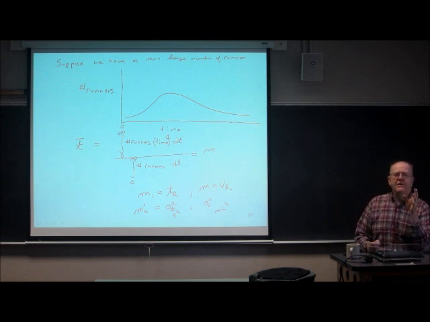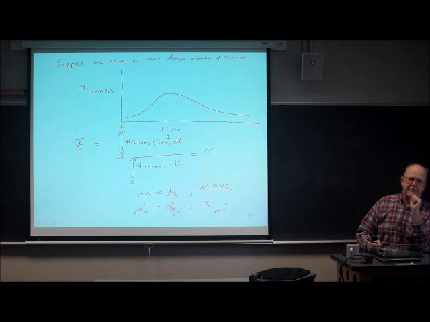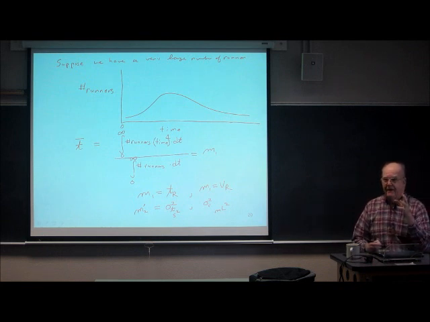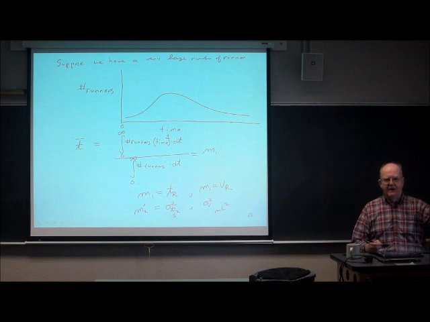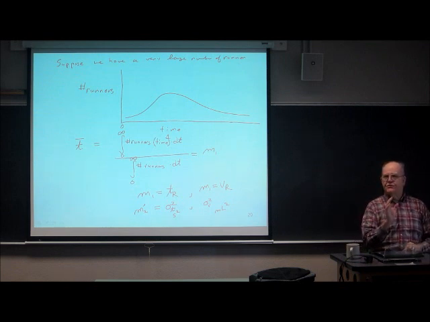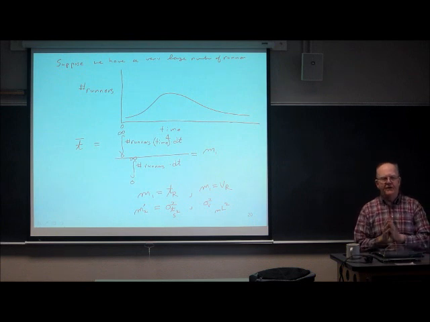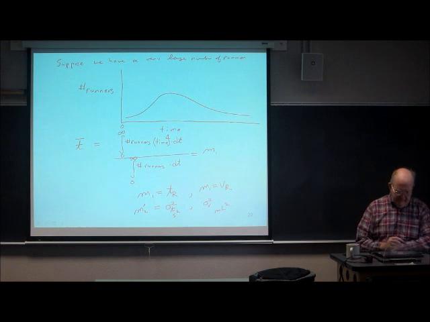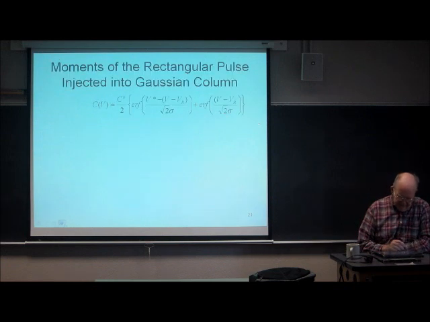Now, if we have a non-Gaussian distribution, which is what we get if we put into a chromatographic column a rectangular pulse of solute, if you put in too much, the distribution becomes non-Gaussian. And I gave you the moments of that distribution the other day.